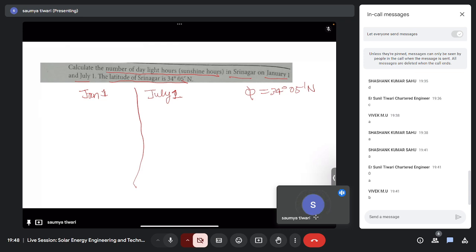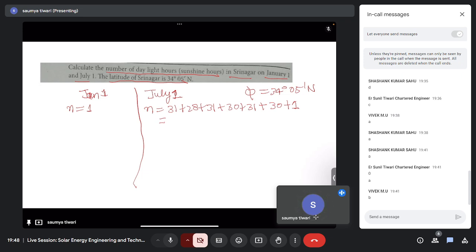For January 1st, the nth day of the year will be 1, and for July 1st it will be 31 for Jan, 28 for Feb, 31 for March, 30 for April, 31 for May, 30 for June, and for July we have 1. So we can add this value.